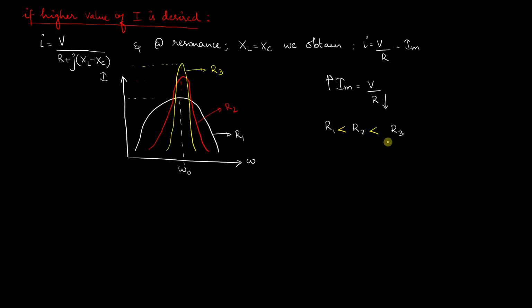So you can see here, as the value of the resistance decreases, you will get the curve in this particular form. So the resistance R3 should be greater than R2, greater than R1. Clear?